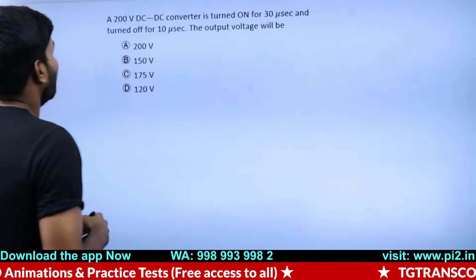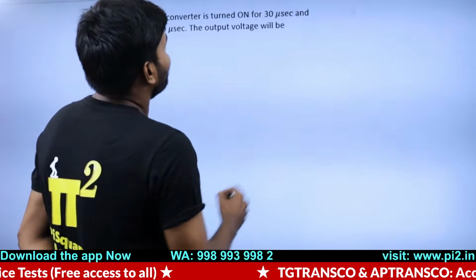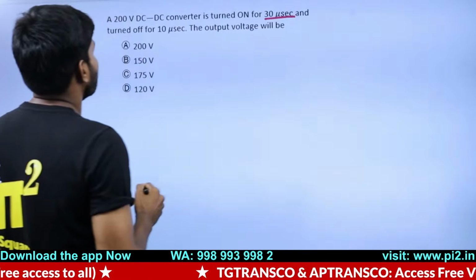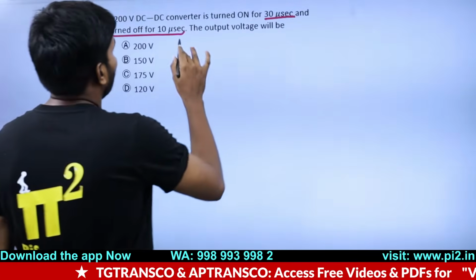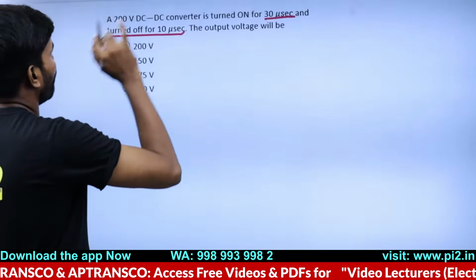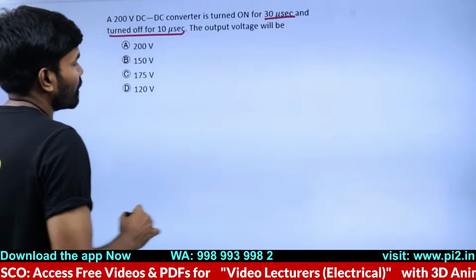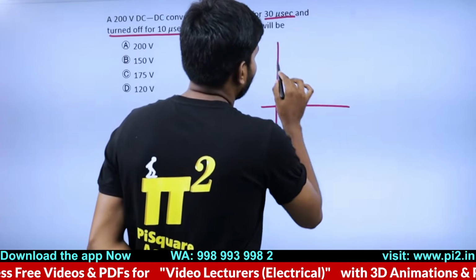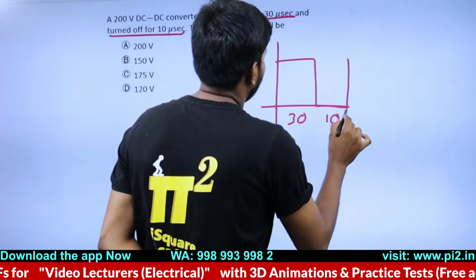Anyways, coming back, a 200 volts DC to DC converter is turned on for 30 microseconds and turned off for 10 microseconds. The output voltage will be? Simply on and off. So let me take it as a buck converter. Turned on for 30, turned off for 10 microseconds.